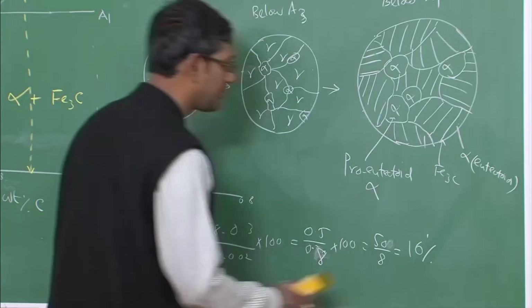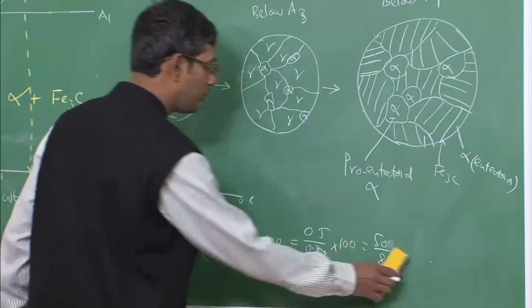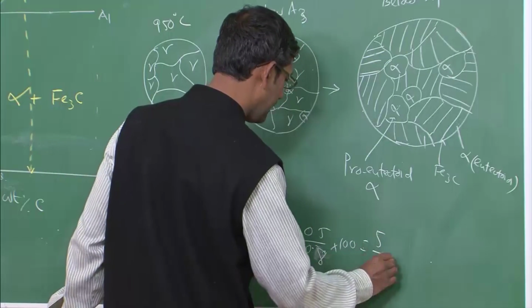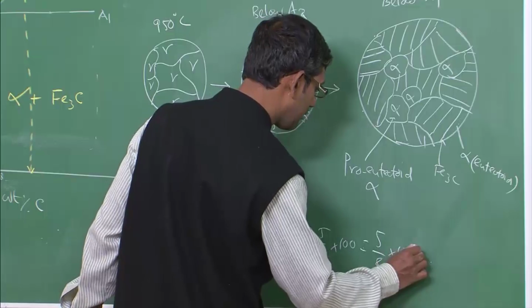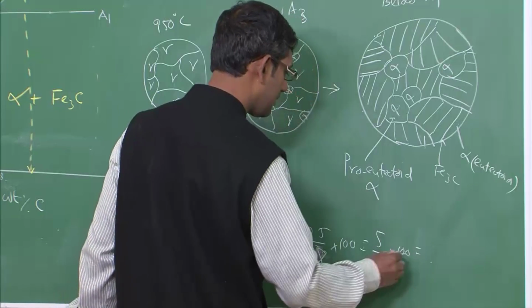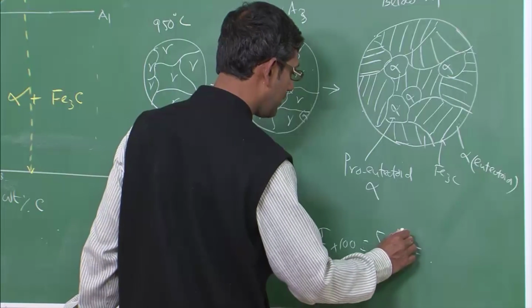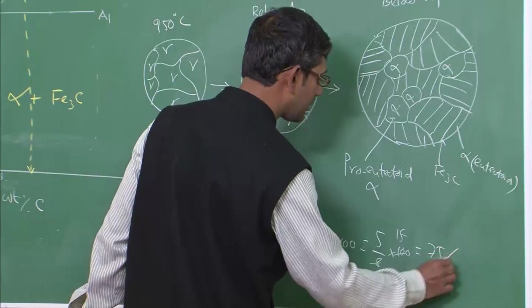No, not 16, I am doing something wrong. So, this is 5 by 8 into 100. How much is this? 8, 16, yeah, about 75 percent.